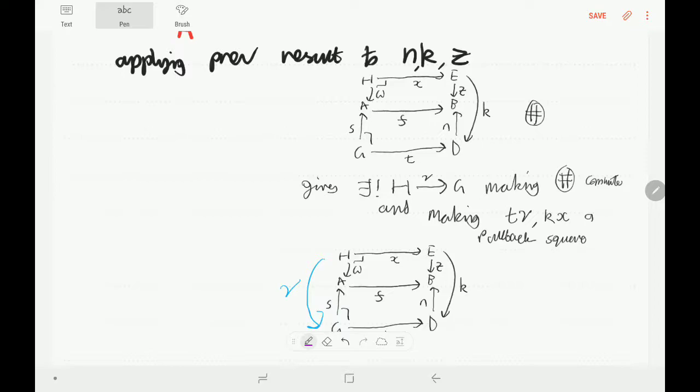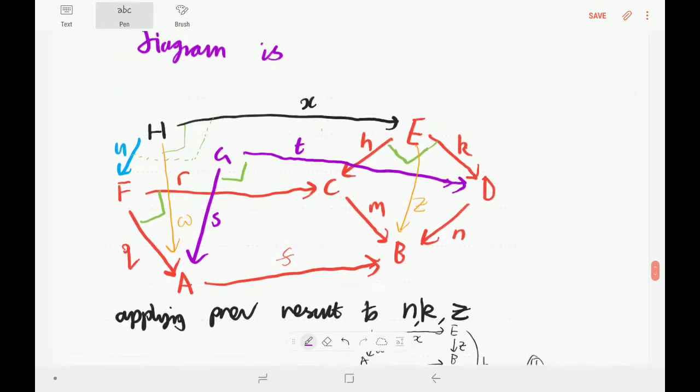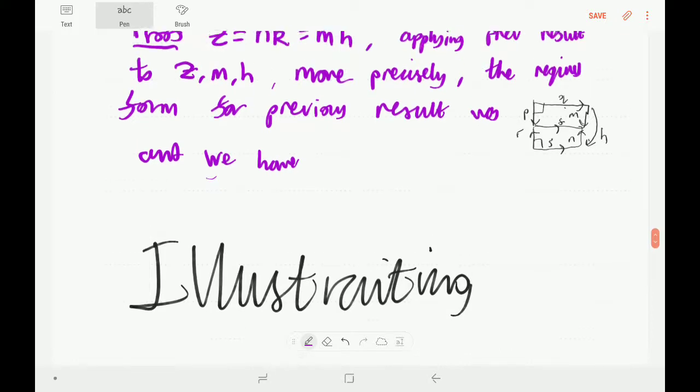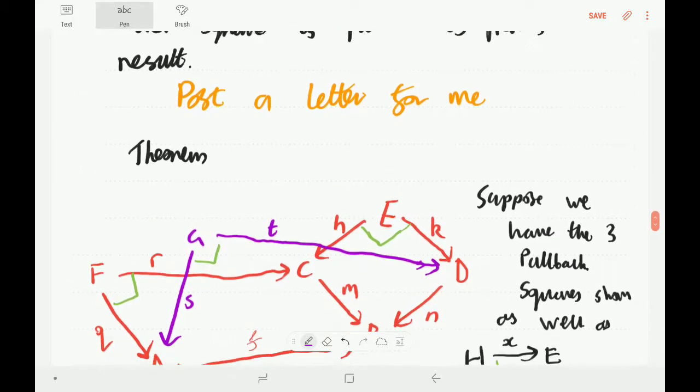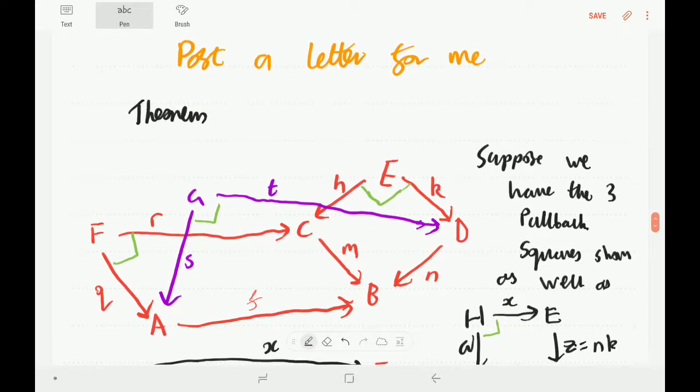Okay, so with that in mind, let's go to our theorem.